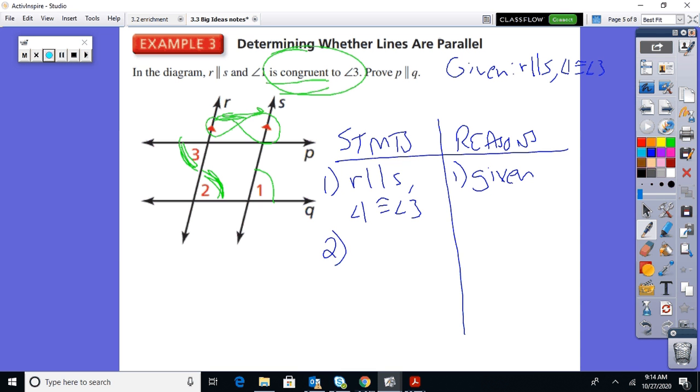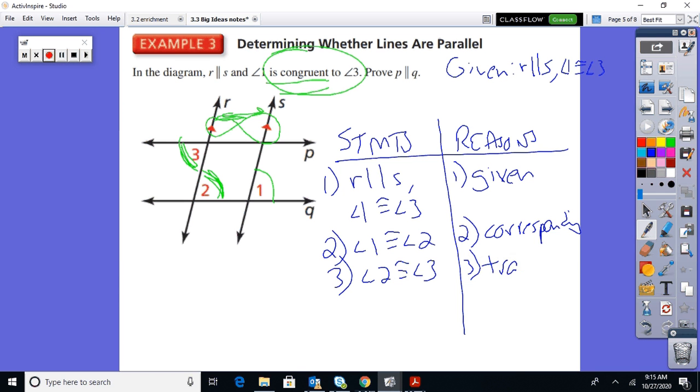All right, so now, what did we say? We said that we can go back and forth. Since R was parallel to S, I'm allowed to say that angle 1 is congruent to angle 2 because they are corresponding. And then that allows me to say that angle 2 is congruent to angle 3 by the transitive property.